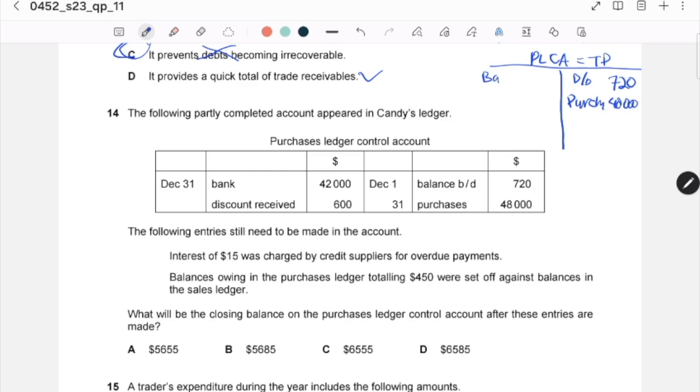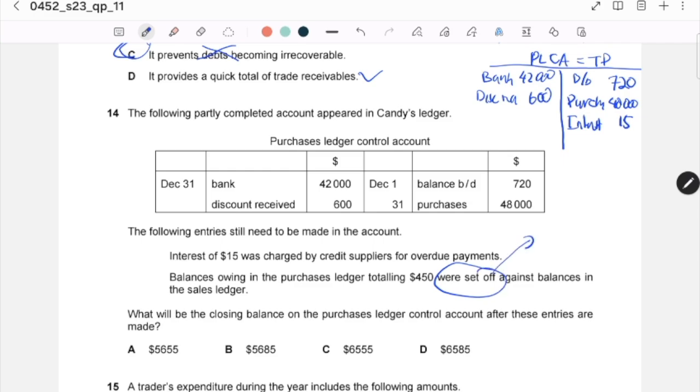and then the bank 42,000, and then the discount received is 600. Okay, the other two: interest charged by the credit supplier for overdue payment. So put it here, interest charge 15. And then the balance owing in the purchases ledger control account will be set off.